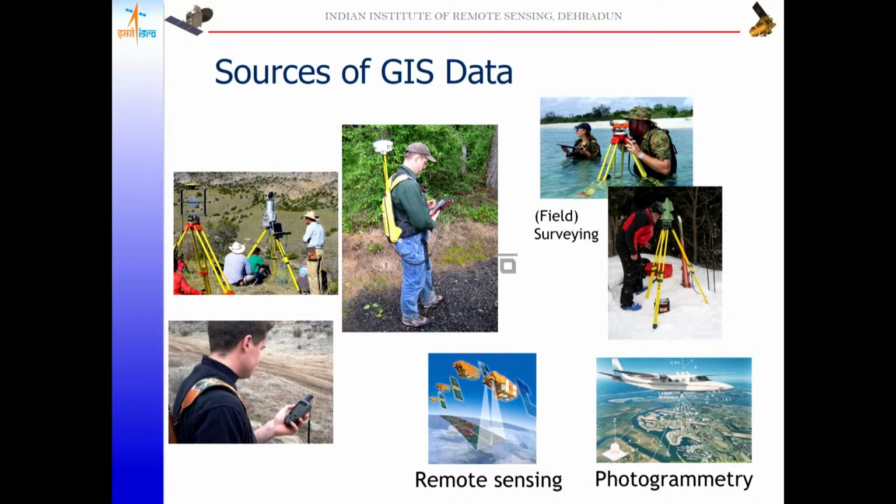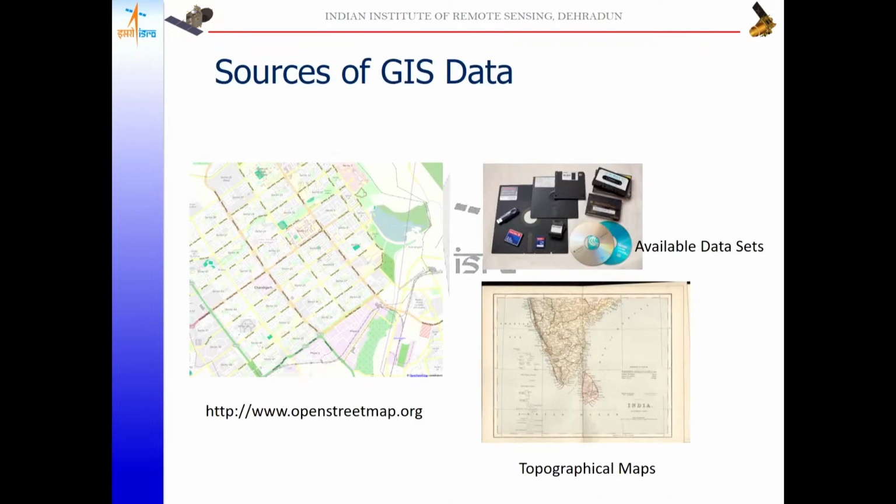We'll see later what kind of data are possible, but first we'll see some of the indirect sources. One of the indirect sources of data is the topographical map. We can get topographical maps from the survey department. You can visit the Survey of India Nakshe portal.